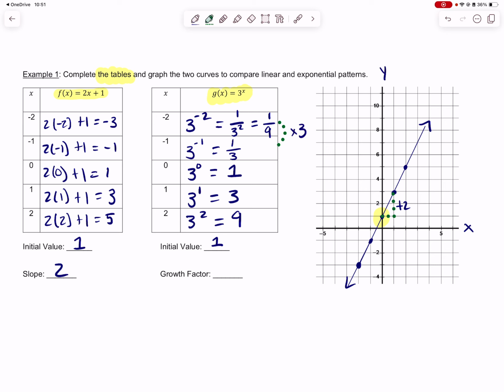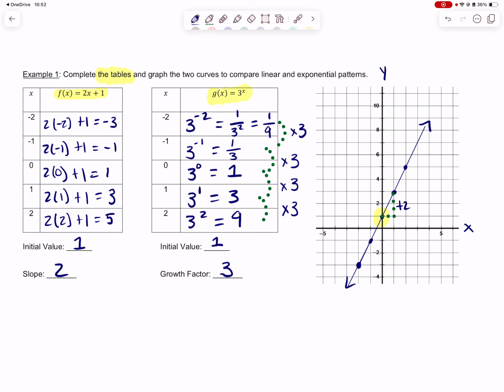To go from 1/3 to 1, we're multiplying by 3. To go from 1 to 3, we're multiplying by 3 again. And going from 3 to 9, I multiply by 3 again. I am consistently multiplying by 3 every time my x increases by 1. So that is what we would consider the growth factor for this exponential model.